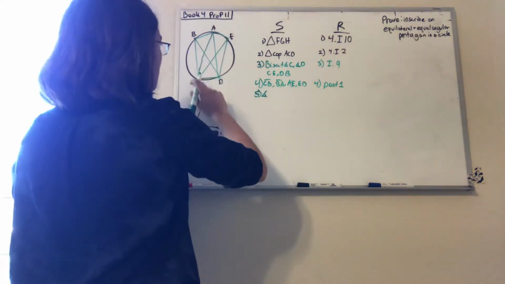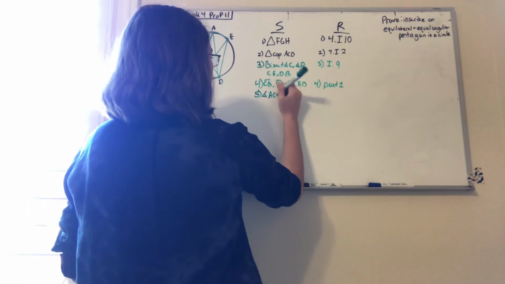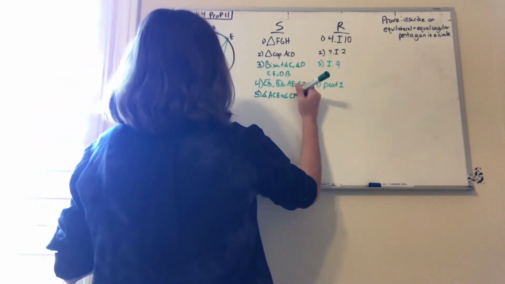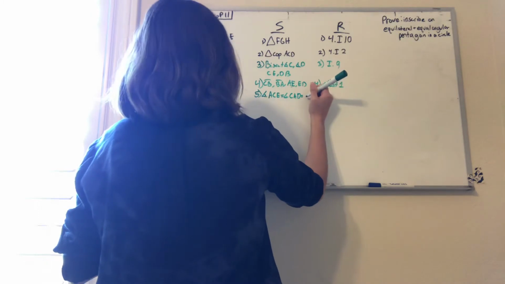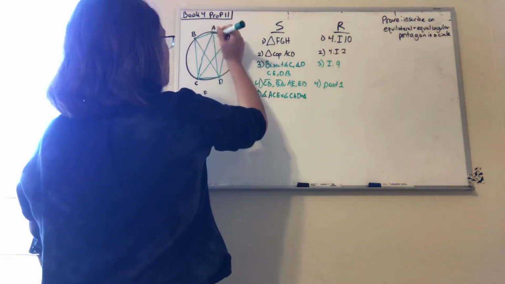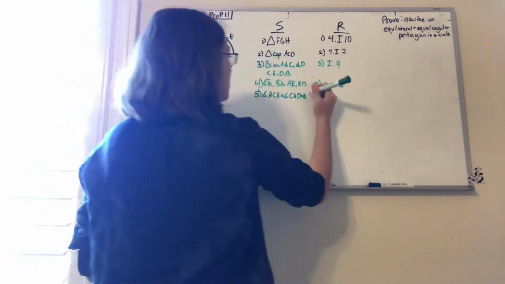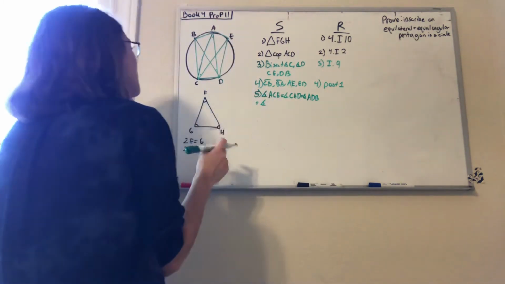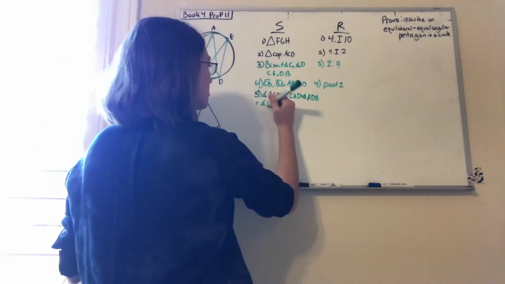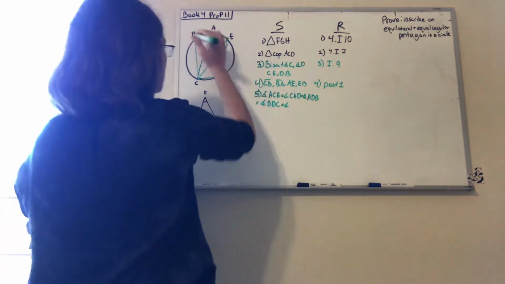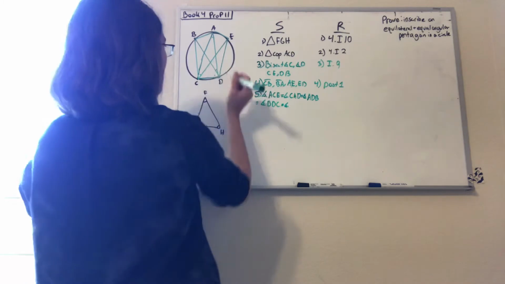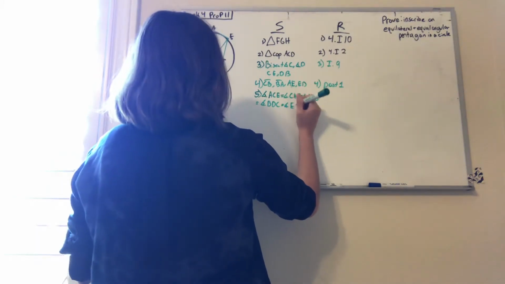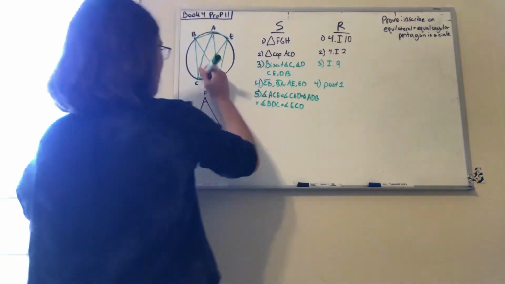Angle ACE is equal to angle CAD, is equal to angle ADB, is equal to angle BDC, and is equal to angle ECD. Sorry, that's a lot of angles.